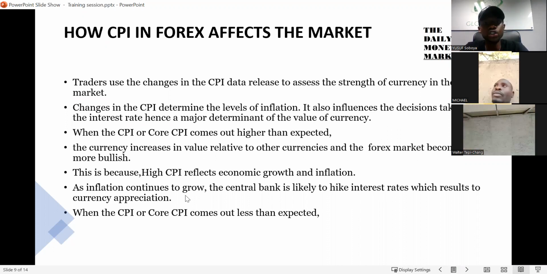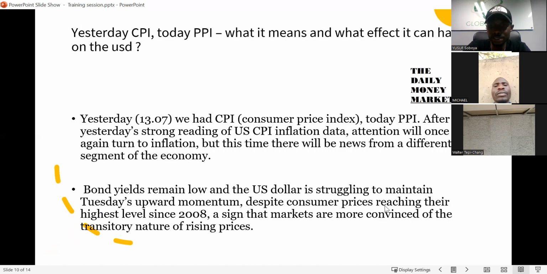As inflation continues to grow, the central bank is likely to hike the interest rate, which results in currency appreciation. When the CPI or core CPI comes out lesser than expected, right? So everything is all based on the CPI before the Feds.